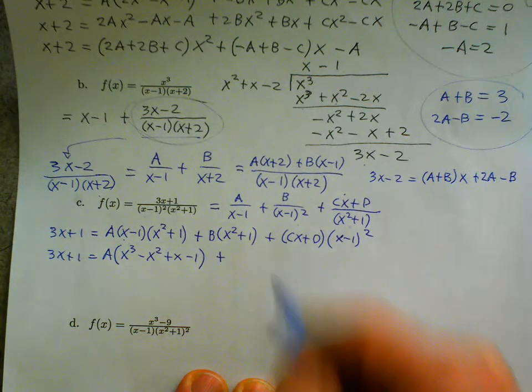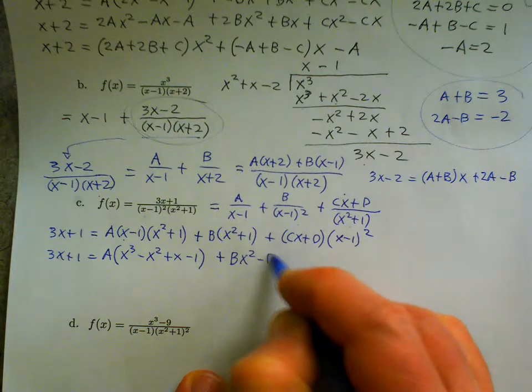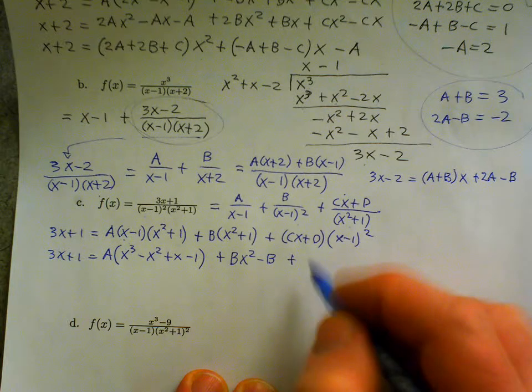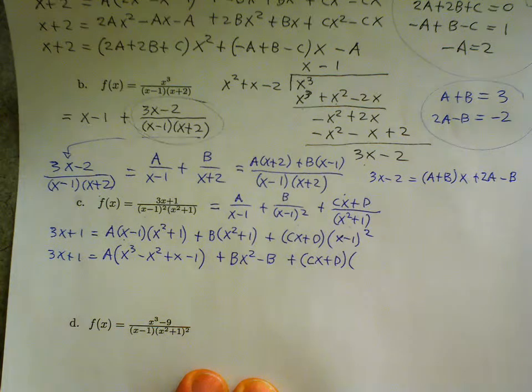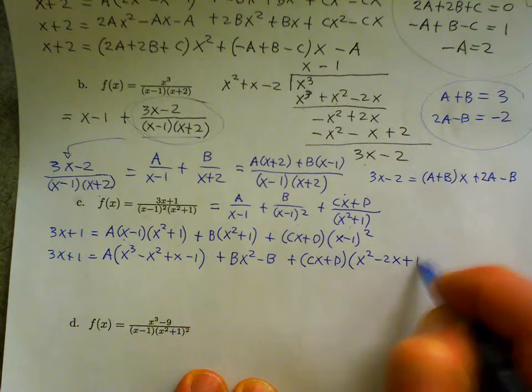And then the next one, bx squared minus b. This product on the right, cx plus d, when we square x minus 1, we get x squared minus 2x plus 1.